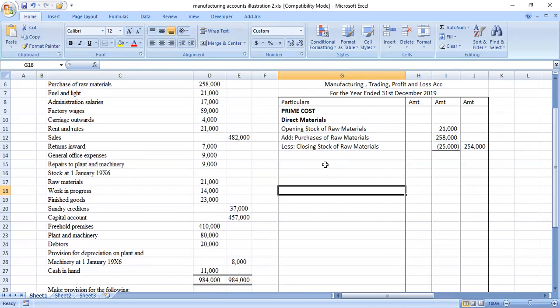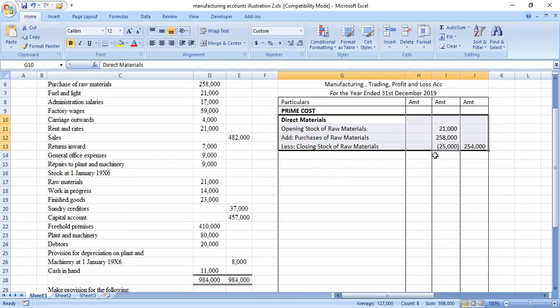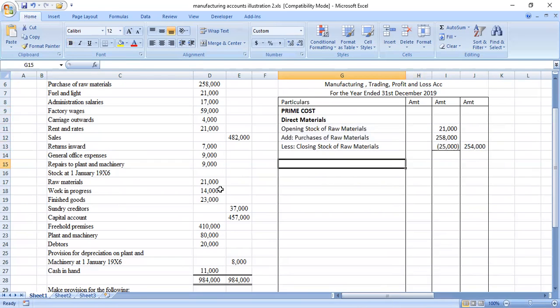So our intention is still to get the prime cost. The prime cost is equal to the direct materials plus factory overheads, plus work in progress.